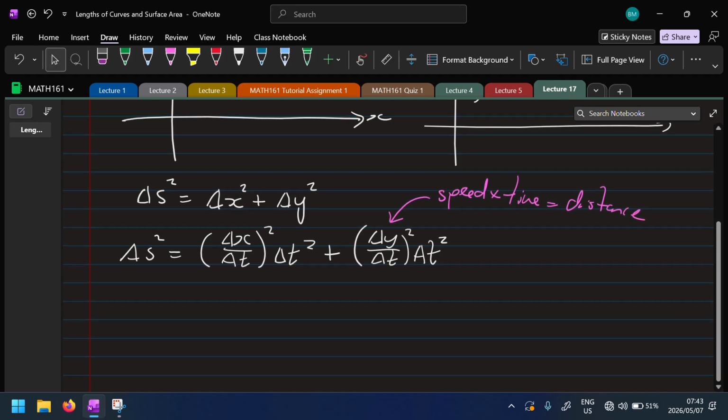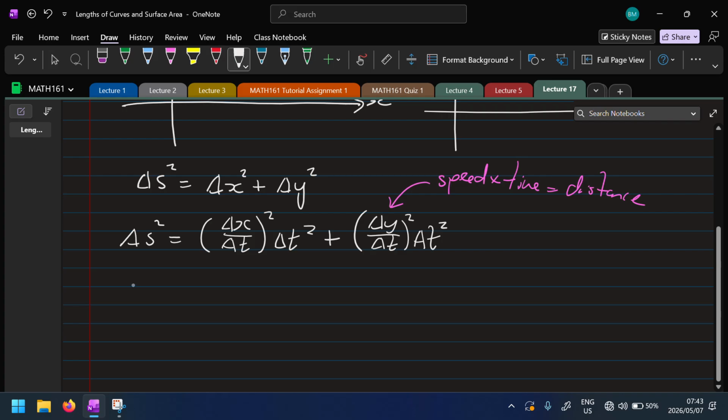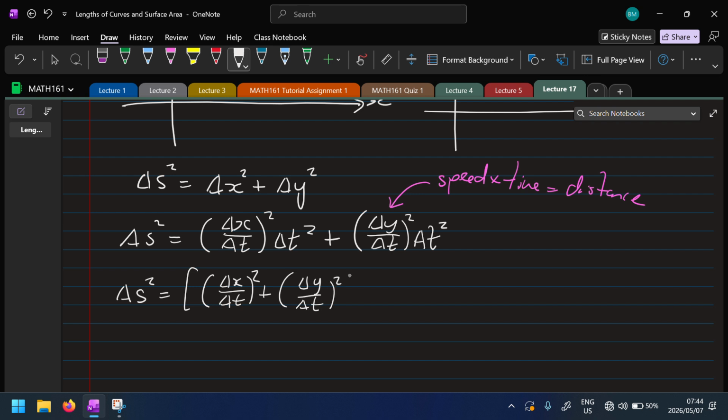Now this delta t squared for both of them, we can factor that out on the right. And then finally, to get the delta s, not the delta s squared, we can take the roots on both sides.